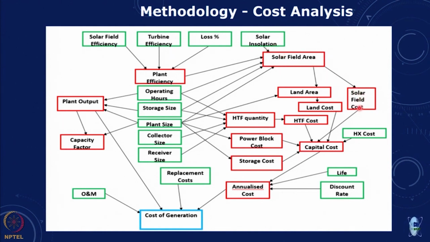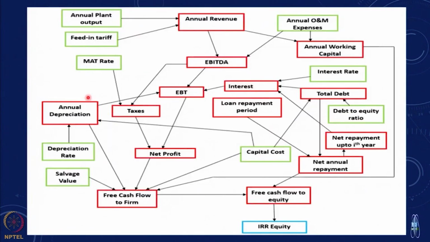Based on that, you have the solar field cost, the land area, the land cost, and the heat transfer fluid and its cost. So with all of this, we also get the power plant, the power turbine and the generator, and the heat exchangers, and then you get the power block and the capital cost. And from all this capital cost, then we can annualize it based on the discount rate, and we can calculate the replacement cost, the capacity factor. This is in terms of the overall cost analysis.